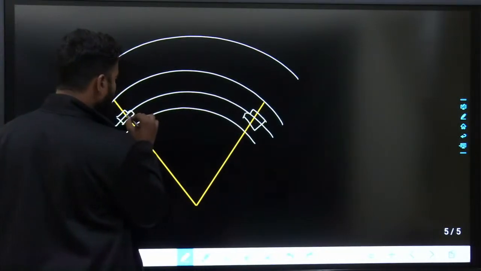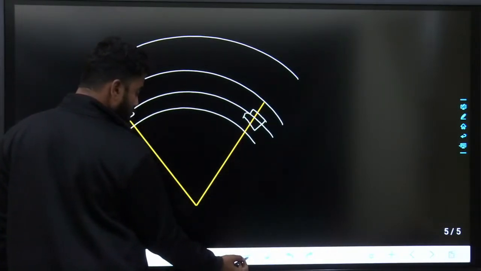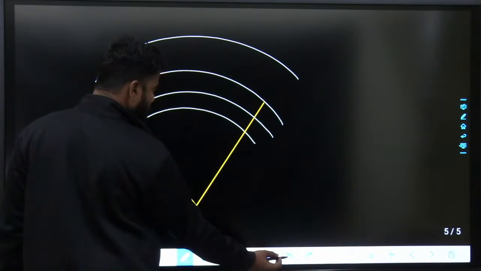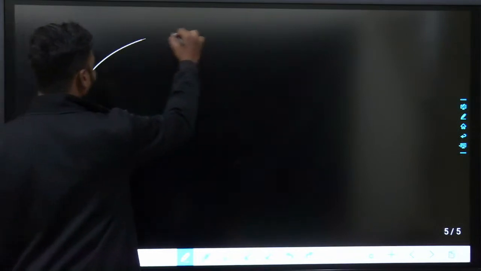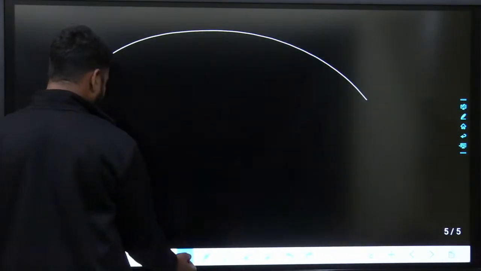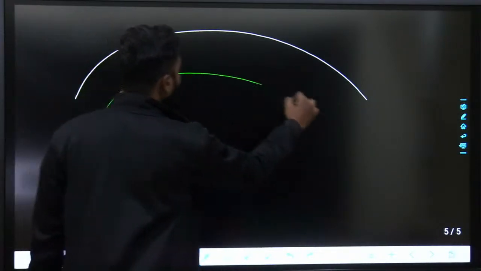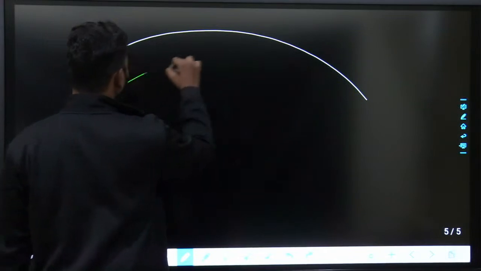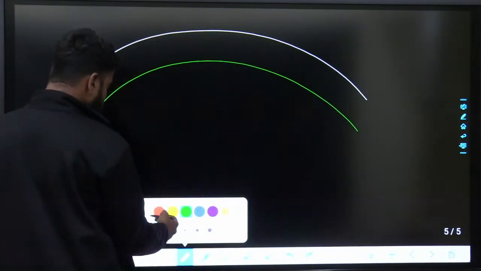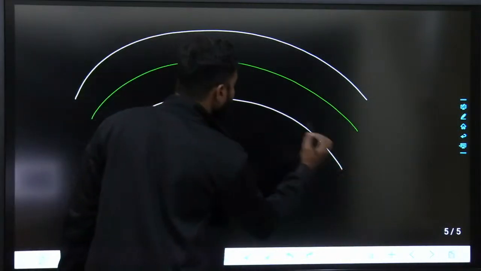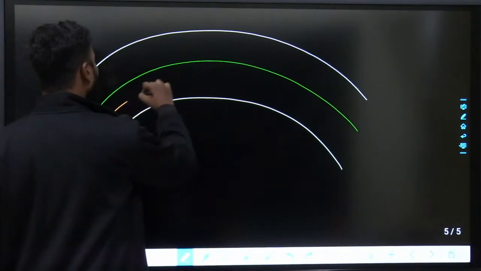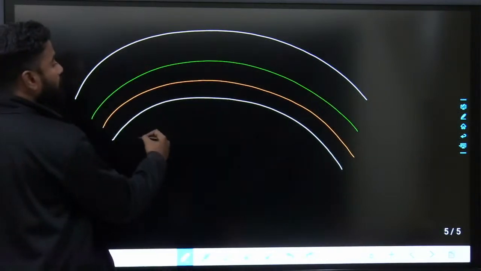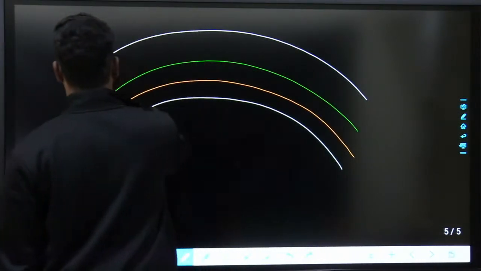Now, what we are doing till now is: this is the inner lane and this is the outer lane, right?